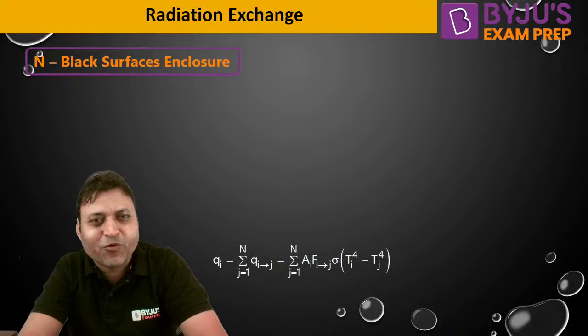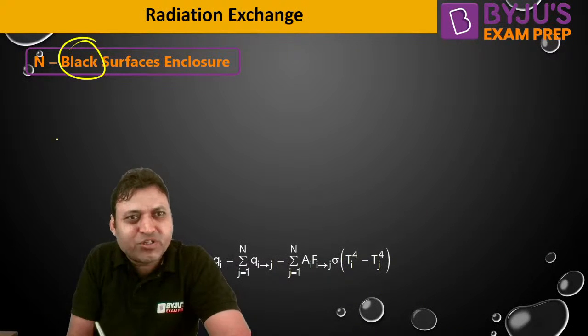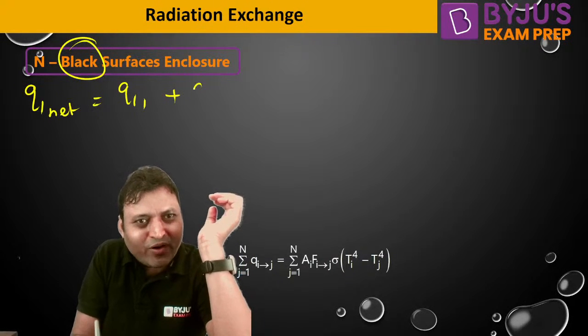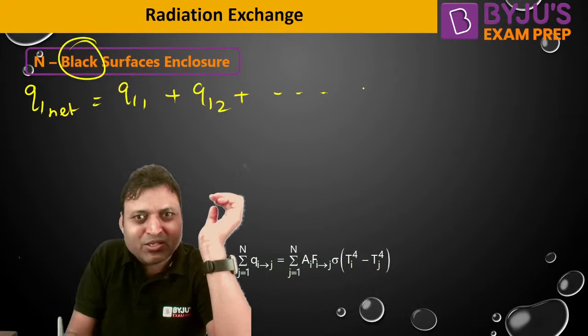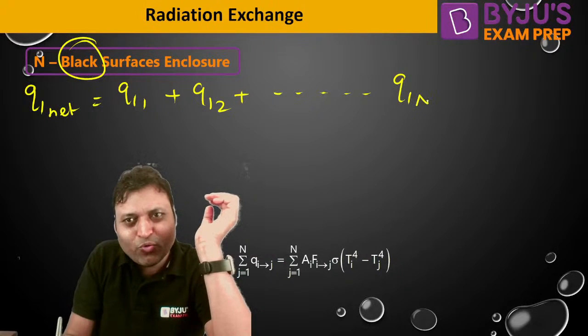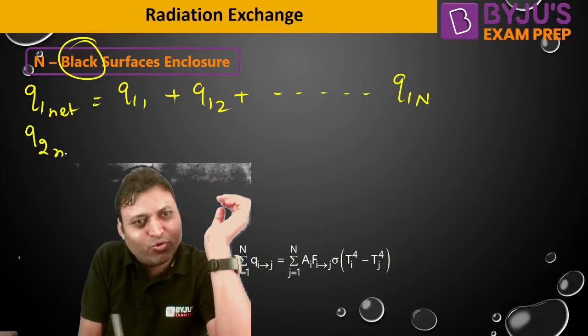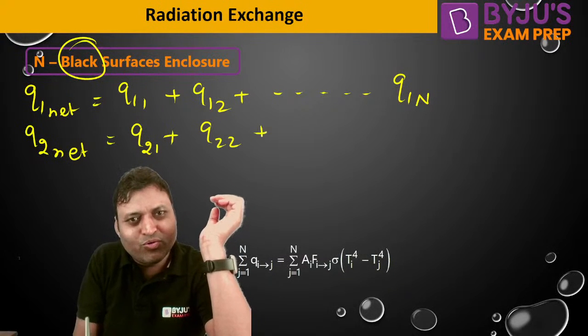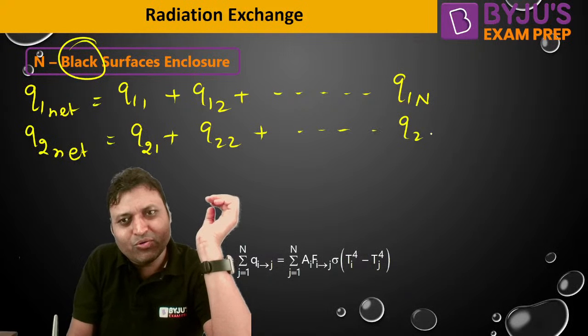And similarly, for an n black surface enclosure, we can say Q1 net is equal to Q11 plus Q12 plus Q13 up to Q1n. Similarly, Q2 net can also be written as Q21 plus Q22 plus up to Q2n.